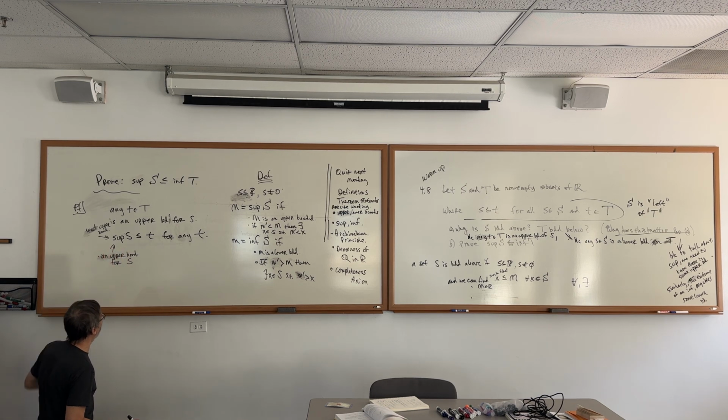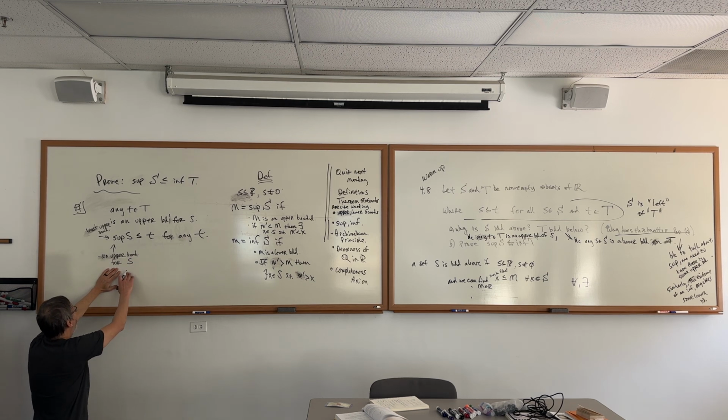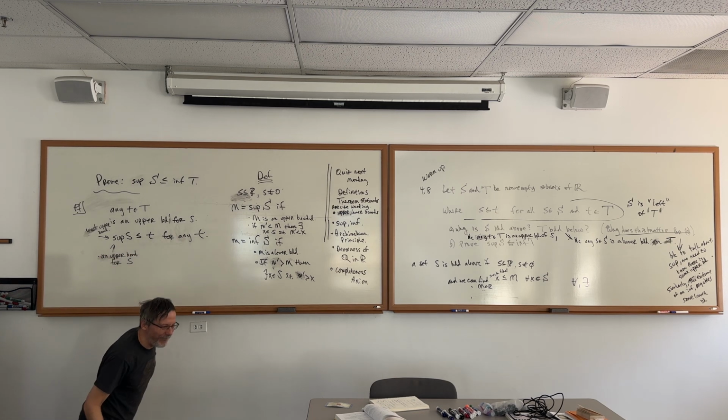It is the least upper bound. Since this is an upper bound for S and everything in T is bigger than S, these t's can't be less than this, because then, hold on, now I'm starting to confuse myself on it.